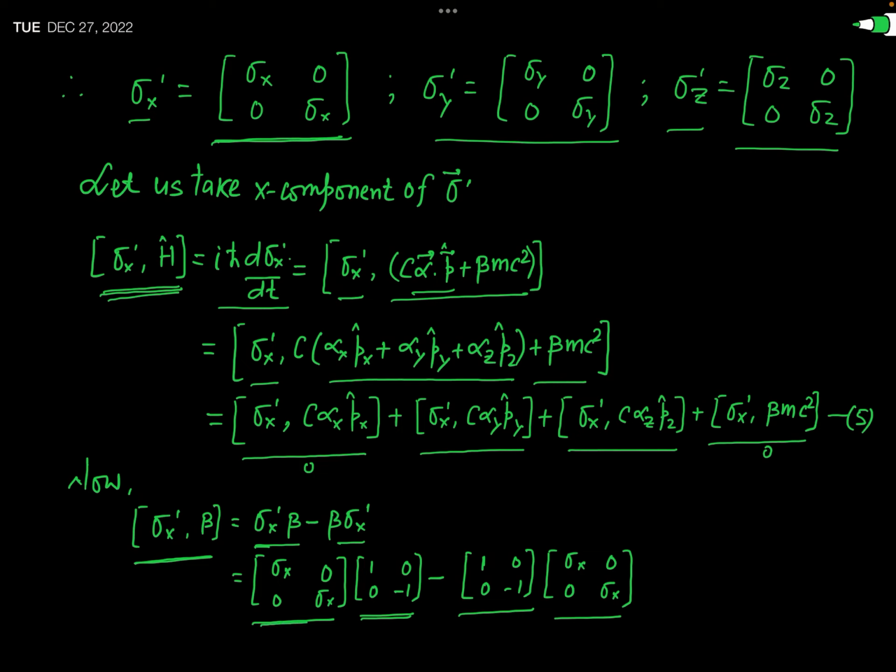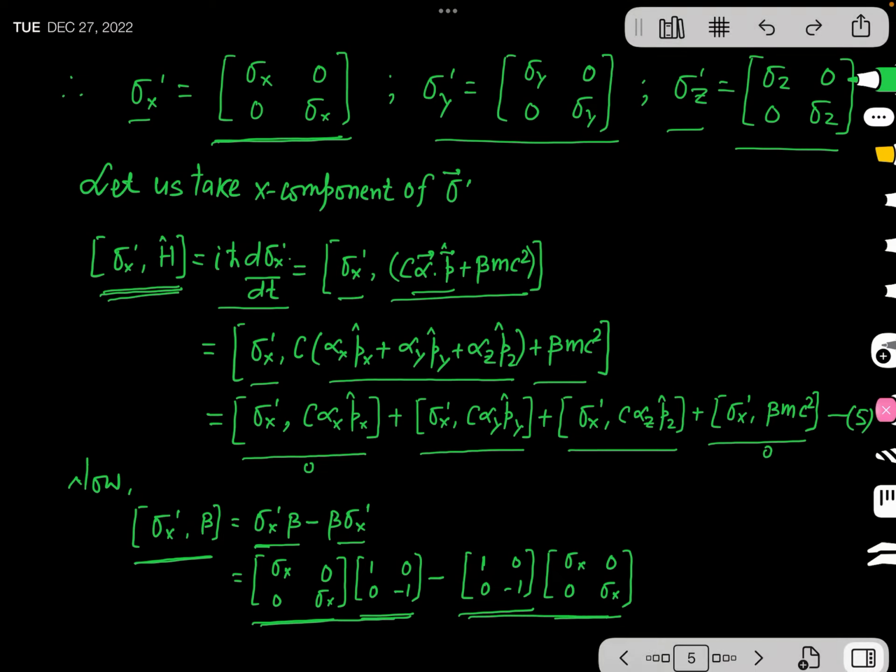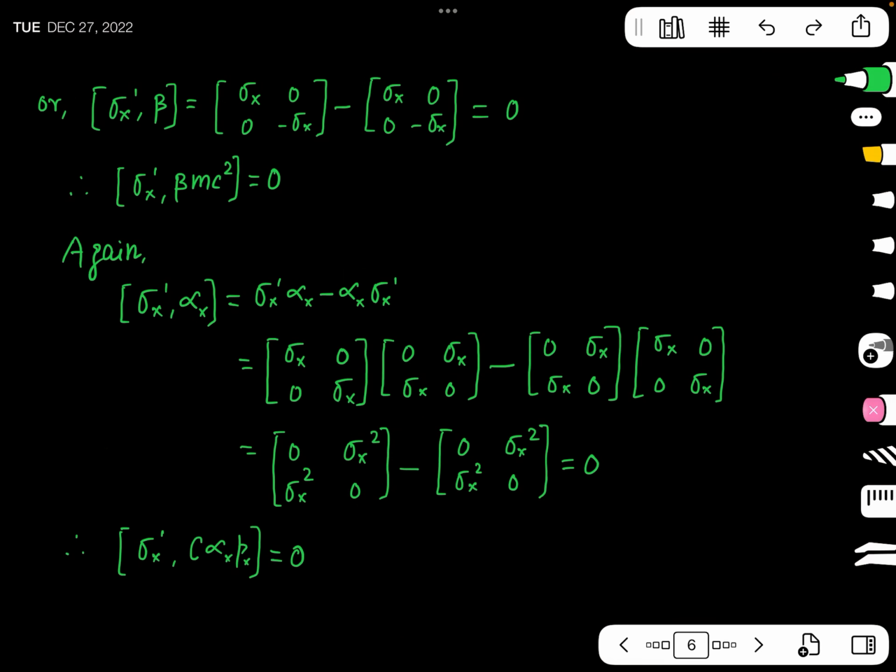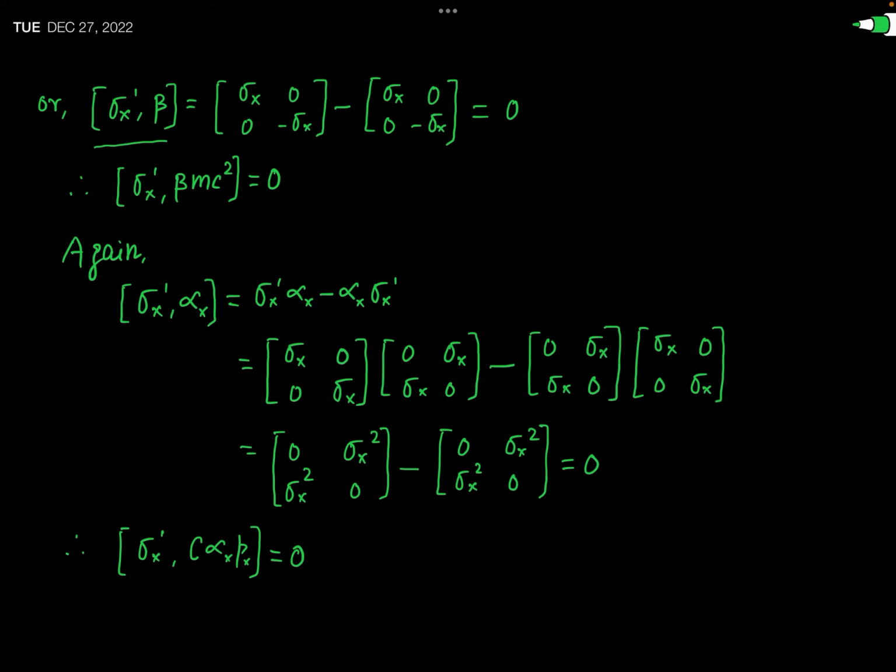After multiplying the first two matrices, the commutator of sigma x dash and beta is equal to the matrix sigma x, 0, 0, minus sigma x.